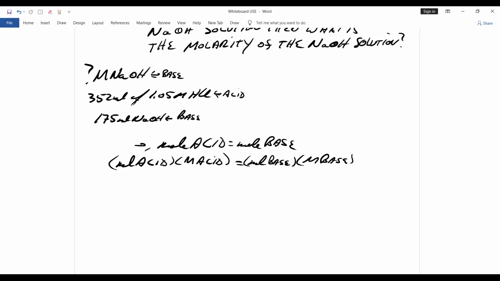Now I'm going to put the numbers in. We have 352 milliliters of acid, that's HCl, right up here, times the molarity of the acid here. We have 175 milliliters of the base times we're trying to find the molarity of the base.